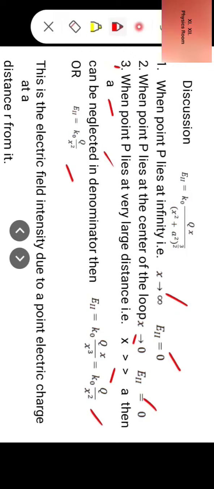So this is the electric field intensity due to a point electric charge at a distance x from it. Okay, so this expression shows that this is the electric field intensity due to a point electric charge at a distance r from it.